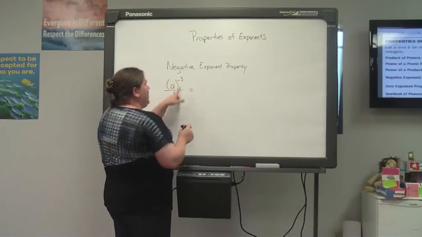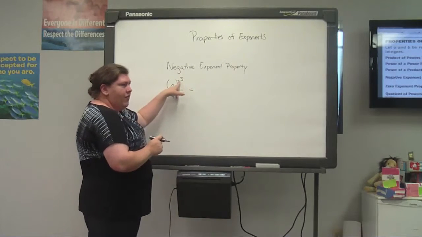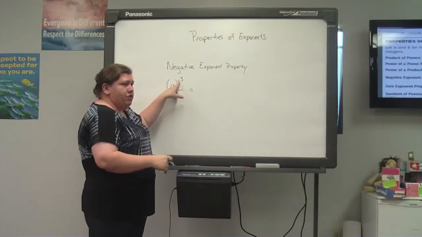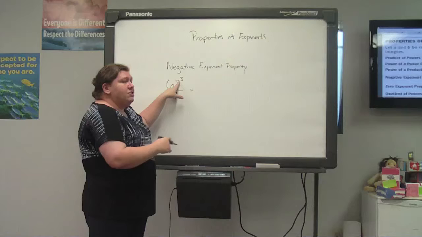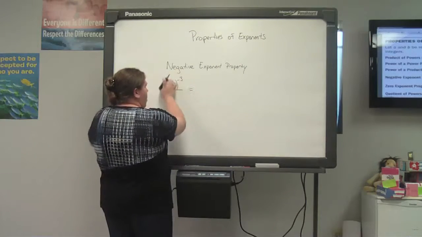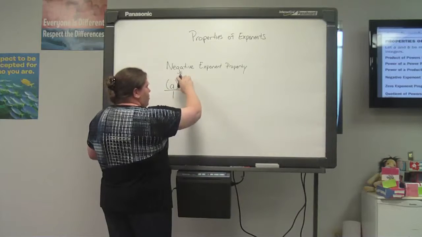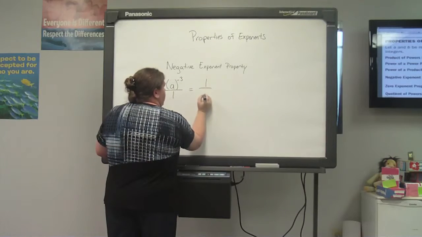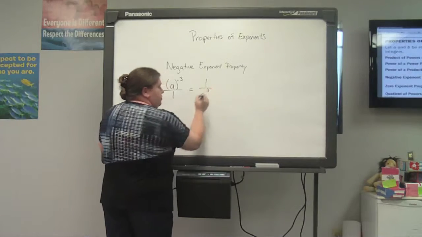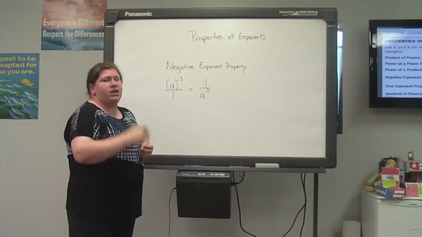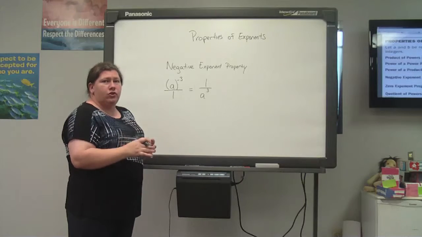Now, when you see a negative, what that means is you have to move this to get rid of the negative, to cancel out the negative. You have to move this whole part that's negative underneath. And so it becomes 1 over a cubed. Because that's the only way to get rid of your negative exponent, is to move it.